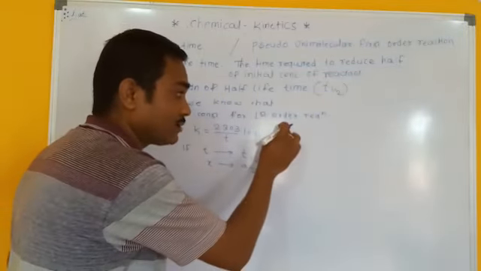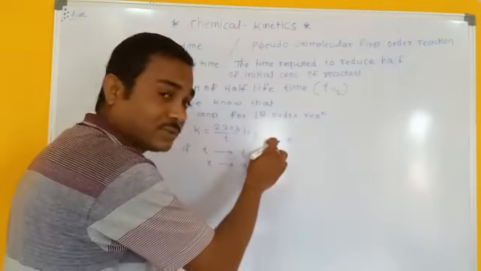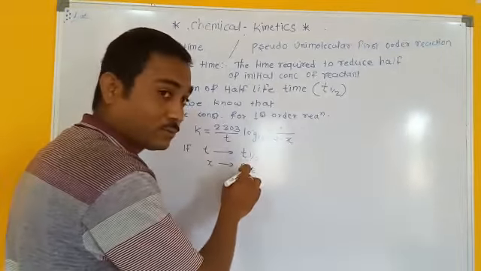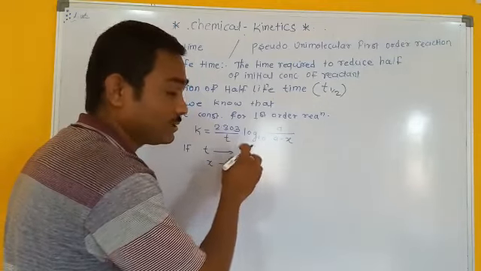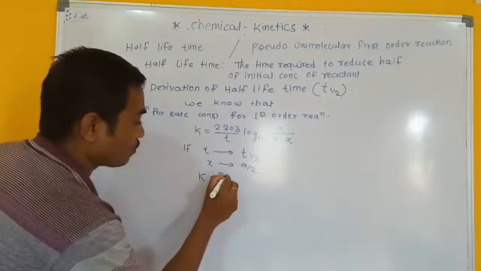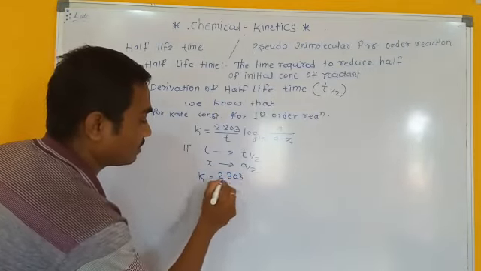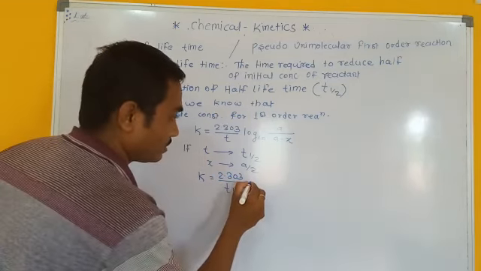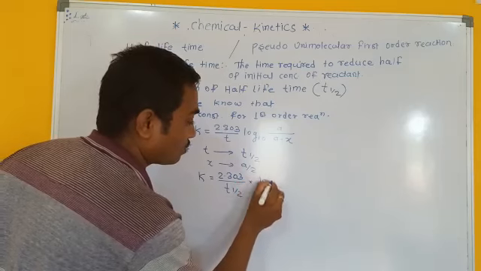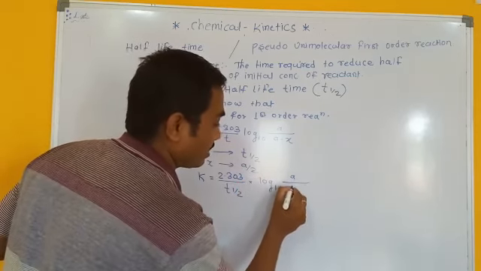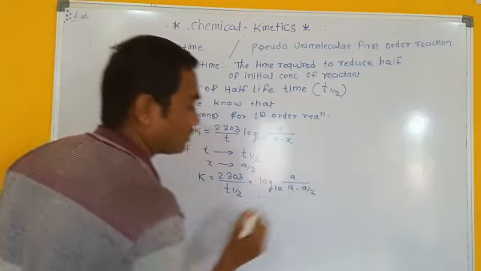When X becomes A by 2, the time is always T half. Put this value in our equation: K is equal to 2.303 divided by T half into log to the base 10 A divided by A minus A by 2.